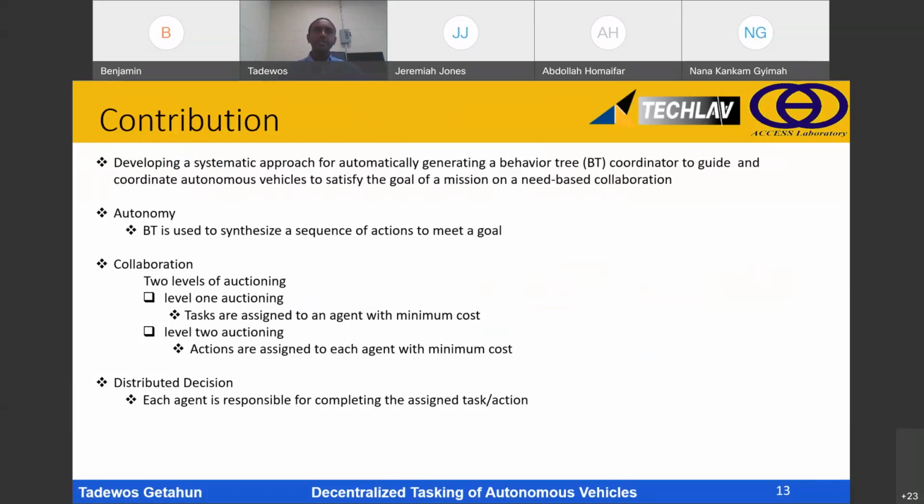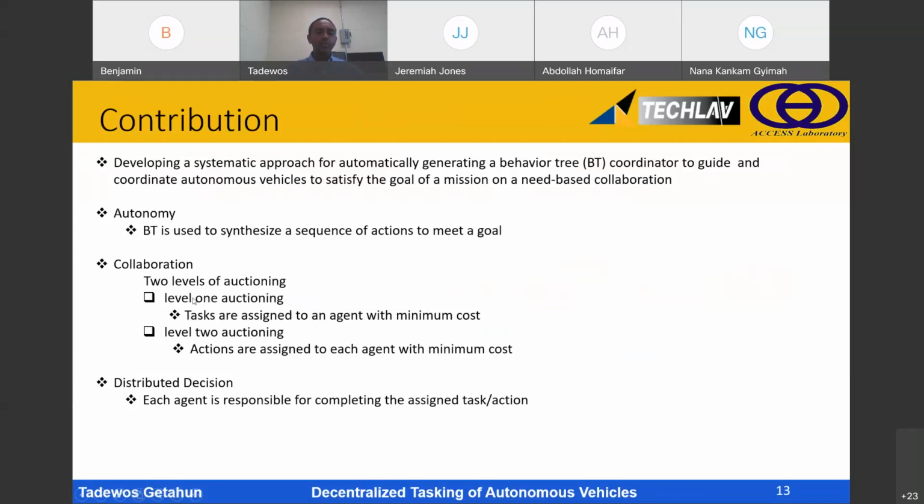However, if it needs to collaborate, then we must perform collaboration. So the 3 key points we addressed: autonomy, we address it by synthesizing a behavior tree, or by synthesizing a sequence of actions to meet a goal.